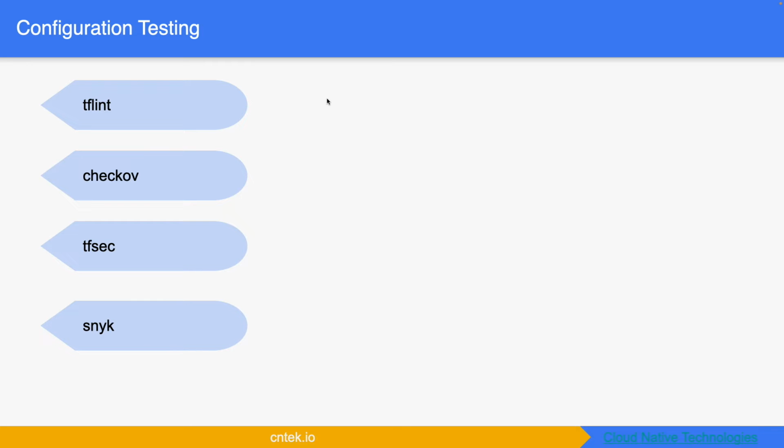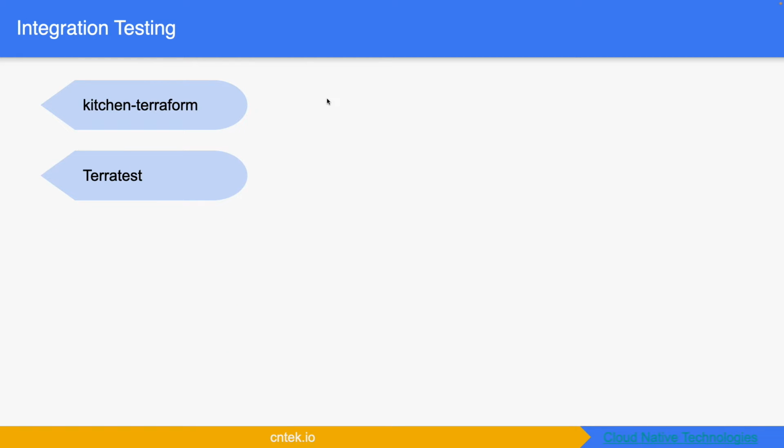Then for configurations, there are multiple open source tools available like tflint, checkov, tfsec, Sync, Snyk. With the help of these tools, we can do configuration testing, to see how good our configuration is, whether there are any bad configurations or security checks which we need to do, etc.